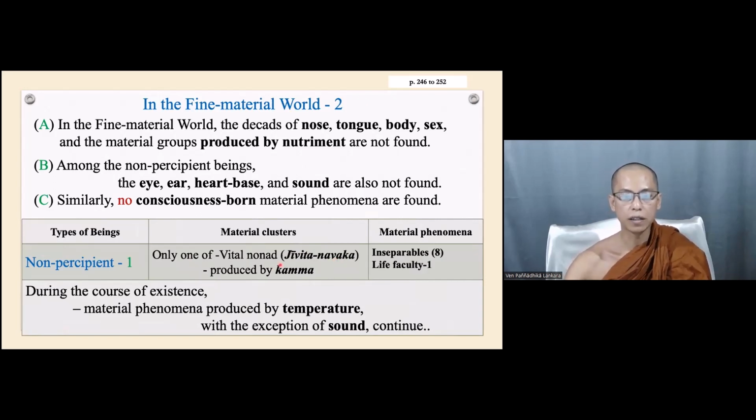Only materiality arises in that fine material realm of existence for the non-percipient being. Produced by kamma, only 10 materialities start at the beginning of life. So that is the inseparable 8 and the life faculty, 9 materialities arise.